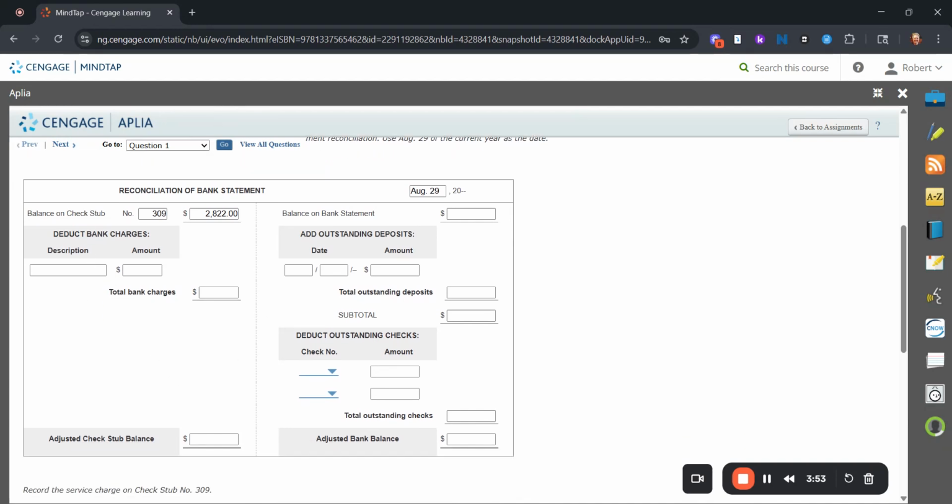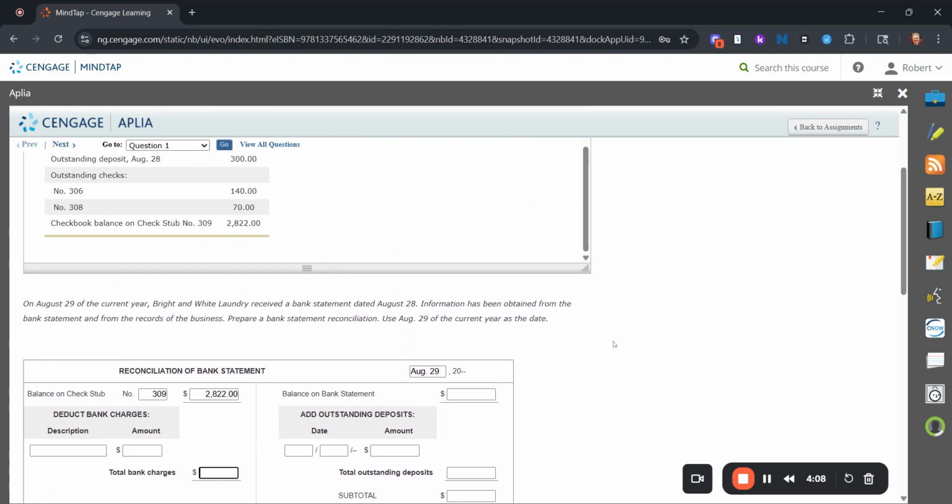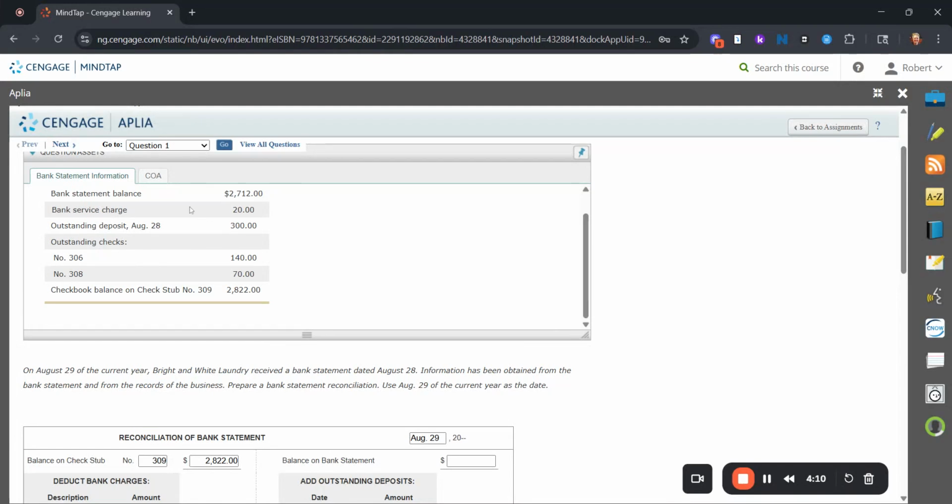Now the next step, it says deduct bank charges. So we've got a description of the bank charge, and then the amount, and then what the total amount of the bank charges are. So let's look at the information. Quickly looking through the list, we see bank service charge, $20.